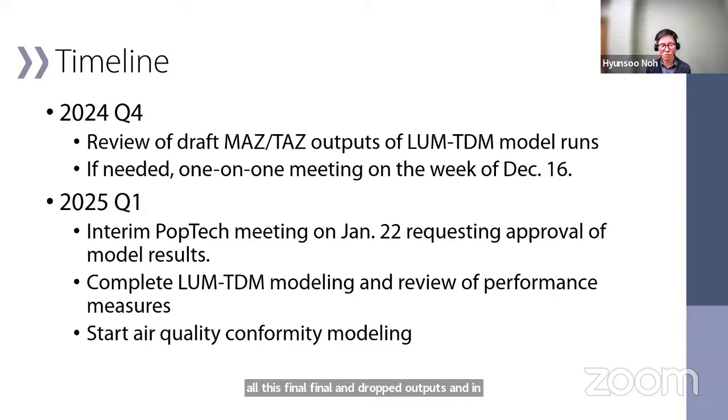We've been talking about the TAG outputs, but hopefully the jurisdiction level, which we actually shared and presented today. The land use model side is included, mainly for the jurisdiction level job growth and population growth. And we also hope to discuss in a one-on-one meeting the week of December 16th.